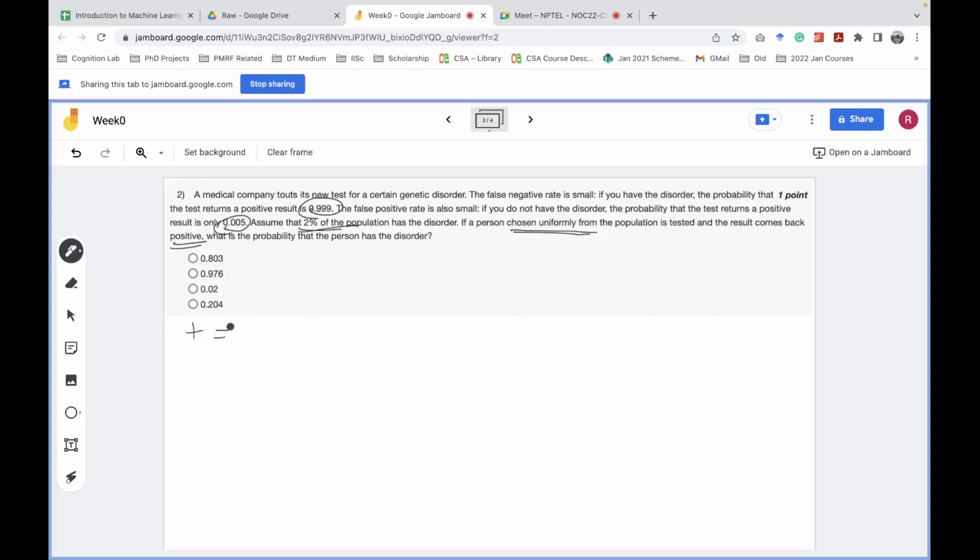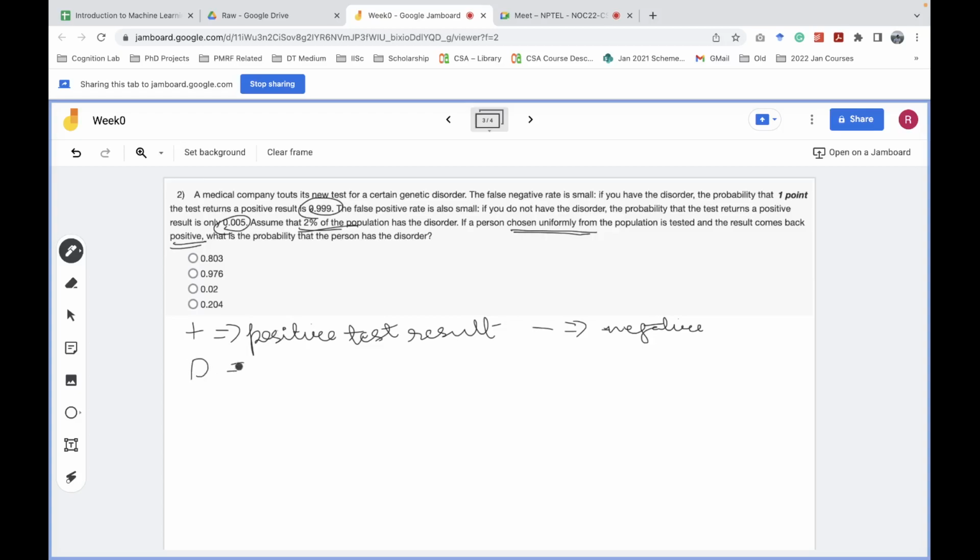Plus, I will define as getting a positive test result. Similarly, minus would mean a negative test result. Sorry for the horrible handwriting; let me know if something is unclear.